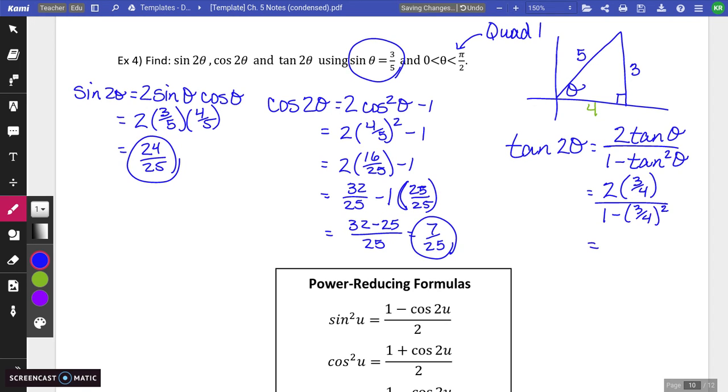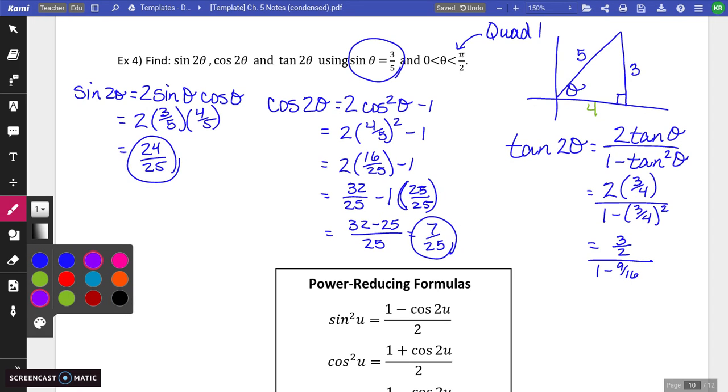So this is going to be 6/4, or that would be 3/2 in the numerator. 1 minus 9/16 in the denominator.